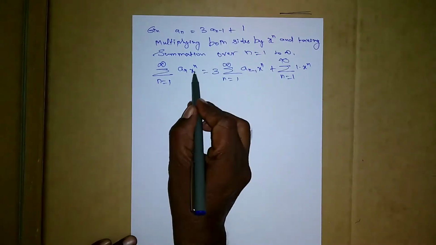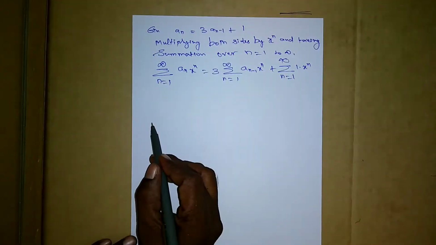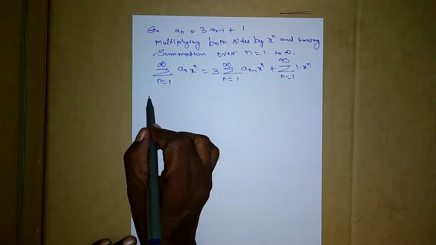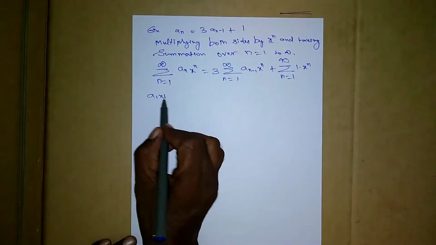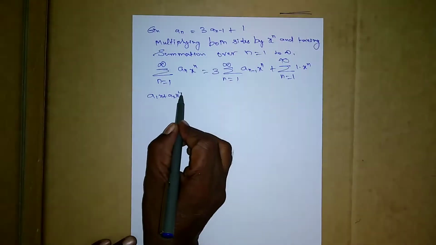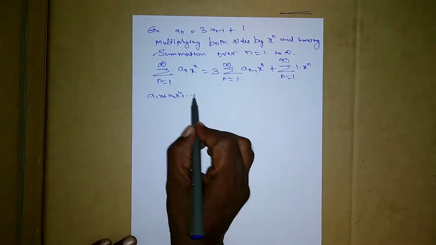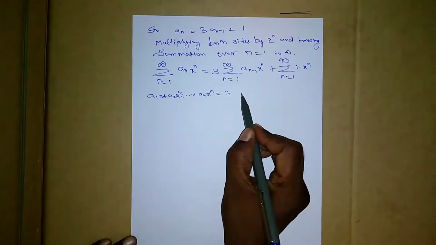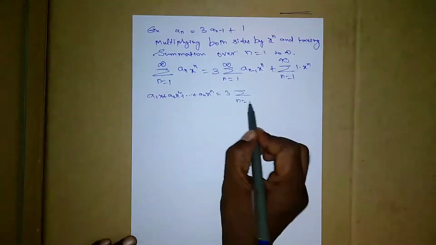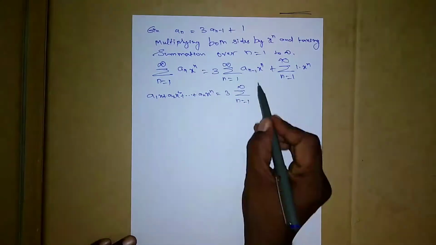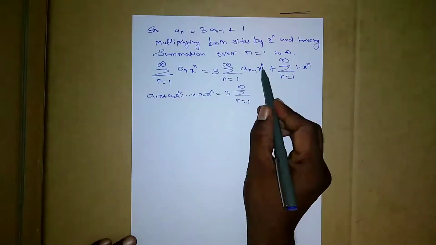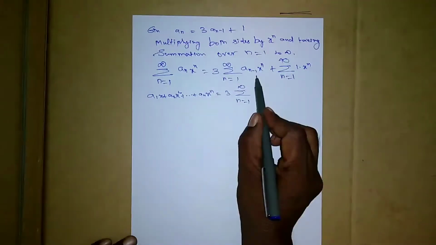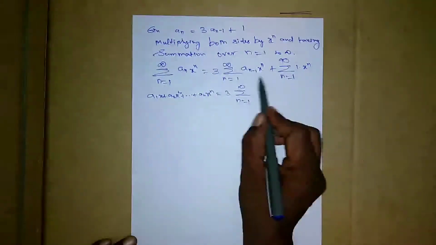Now put n = 1. Here we have a_1 x + a_2 x^2 + etc. + a_n x^n = 3 into summation n = 1 to infinity. Here we want both the power and the prefix to be equal.